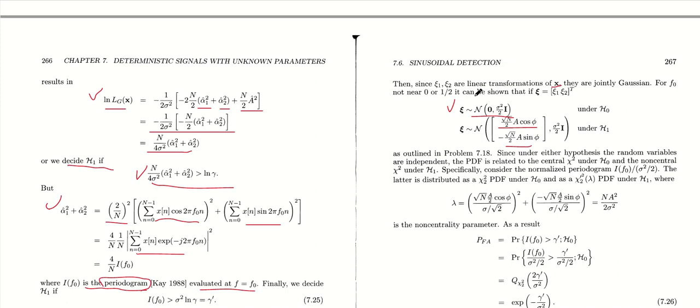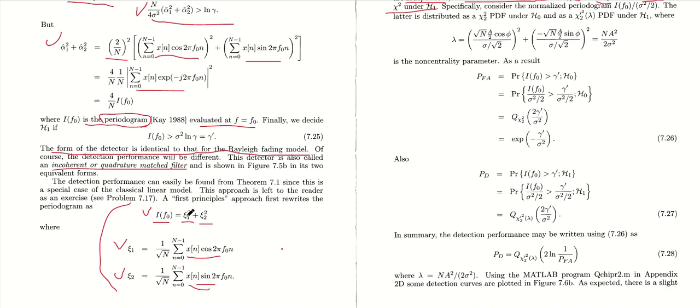Eventually, it goes to this: under H0 it is 0 and that, or it's that mean and that. Okay. Under either hypothesis, the random variables are independent. The PDF relates to central chi-square under H0, and non-central under H1 because it's this. Specifically, consider normalized periodogram. Remember that periodogram has a square term.